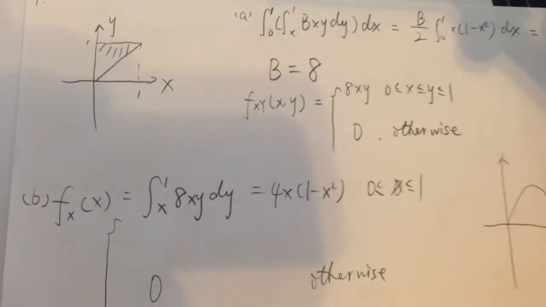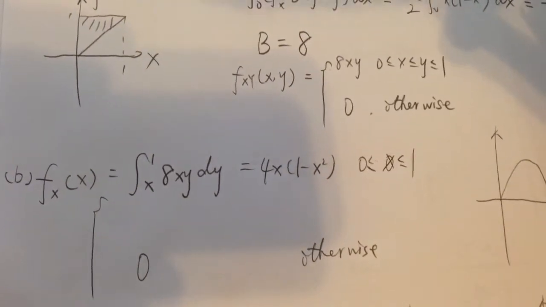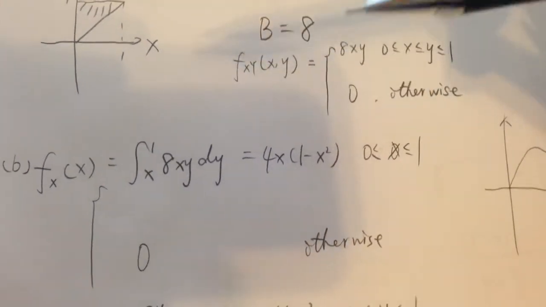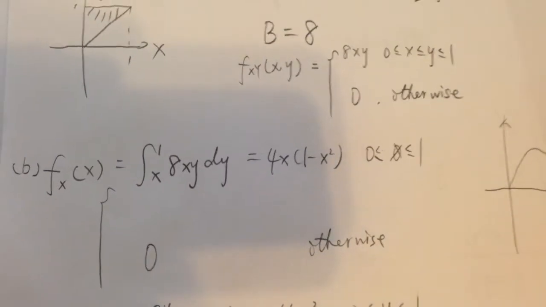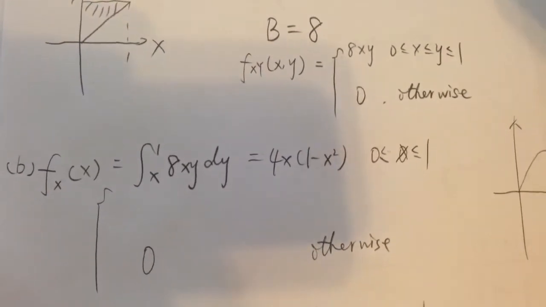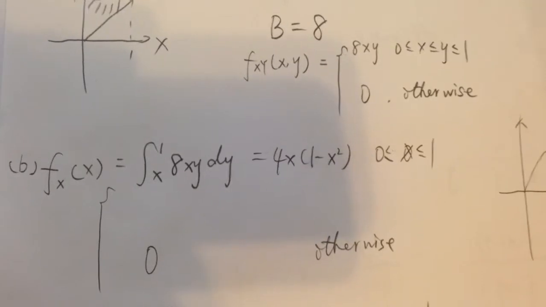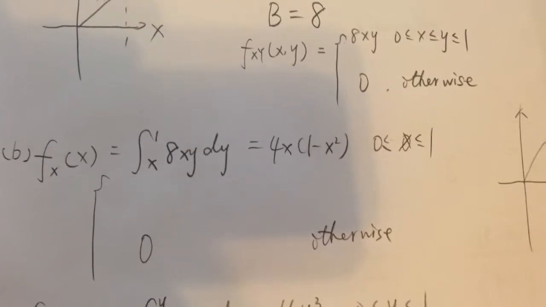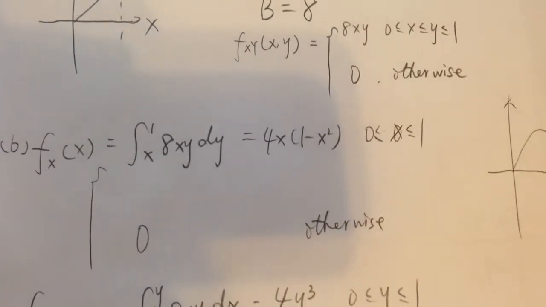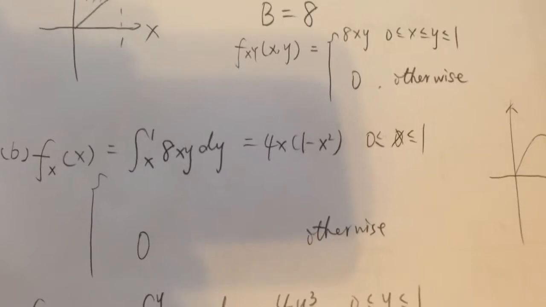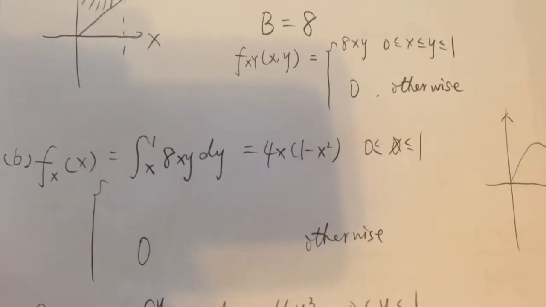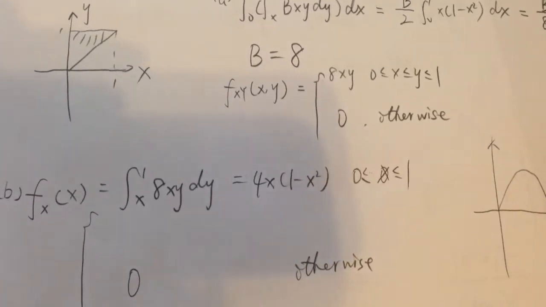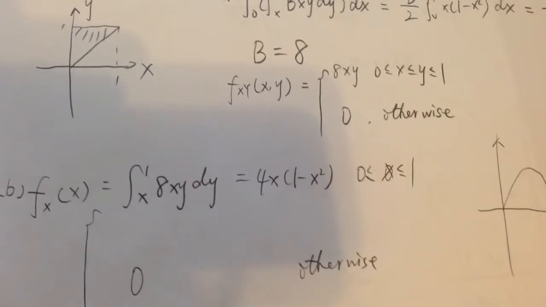Let's look at the second question. We need to find the marginal density functions f_X(x) and f_Y(y). Here, f_X(x) equals the integral of f_XY(x, y) with y from x to 1, because the region of support is x greater than or equal to 0 and less than or equal to y, and y less than or equal to 1.